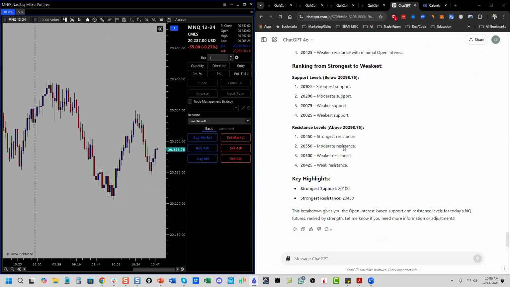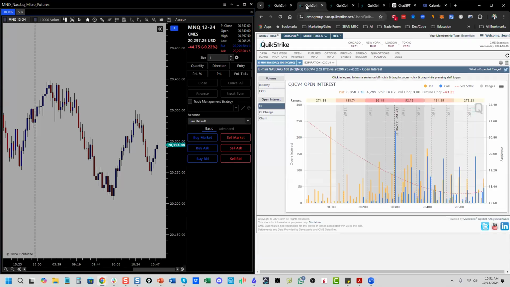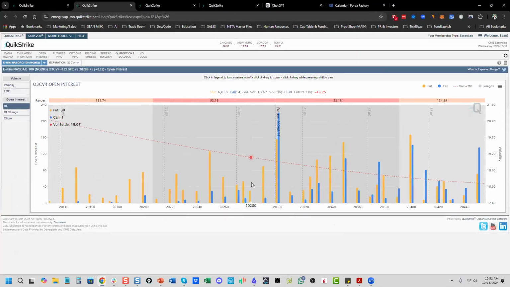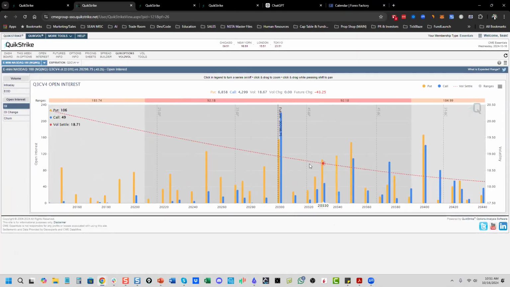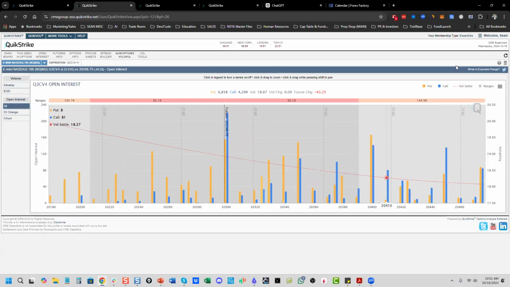So let's show support. It skips some strikes because there's a ton of information on the NASDAQ. I'm going to go a little bit more granular so you can see the strikes. You see what I did as I zoomed in.